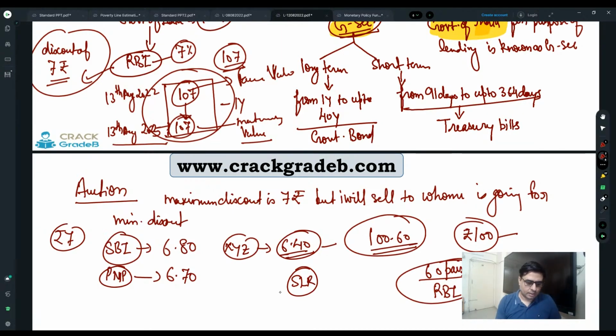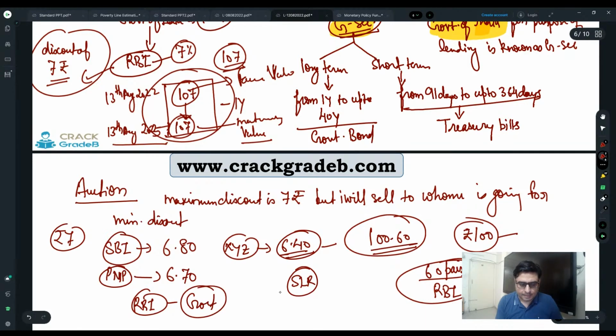For example, if RBI, in consultation with the Government of India, decided to make SLR 30%. If SLR is going to be 30%, banks have to maintain 30% SLR.